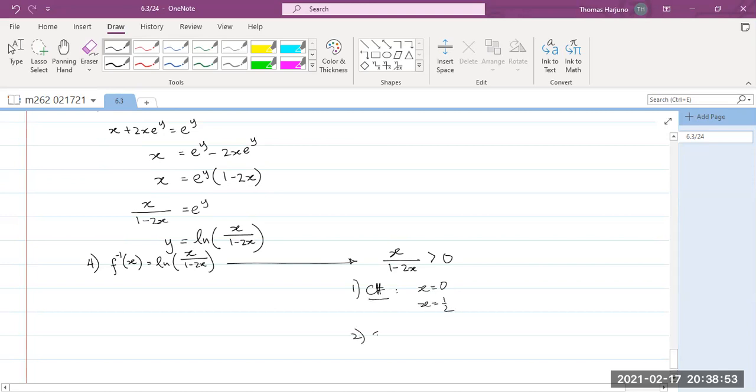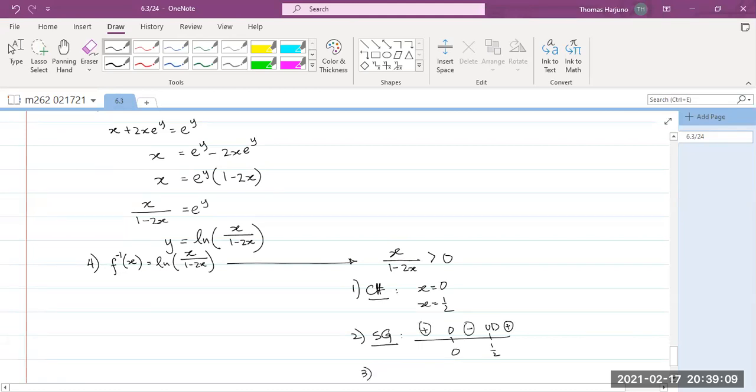Second, I do a sign graph. 0 and 1/2. This will be 0 here. This will be undefined. This is positive, negative, positive.